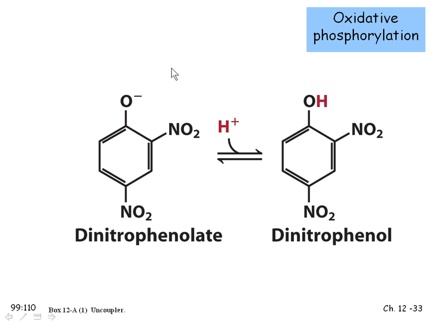So this gives rise to an interesting thing. When we're thinking about electron transport and oxidative phosphorylation, there are really two processes going on. There's electron transport, where the electrons are flowing from NADH to oxygen and making water.